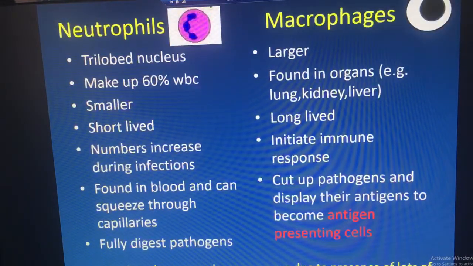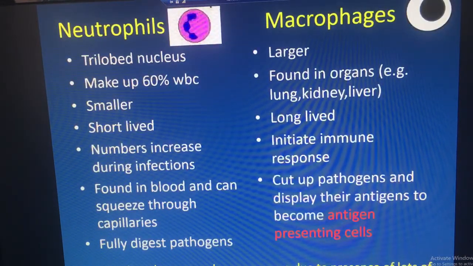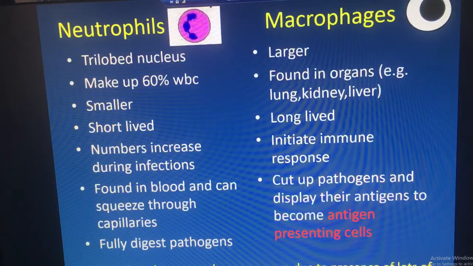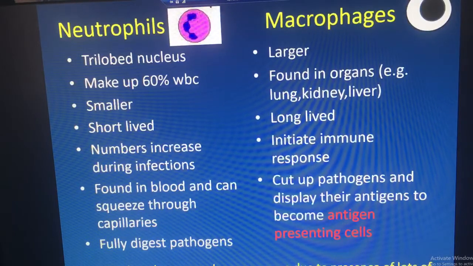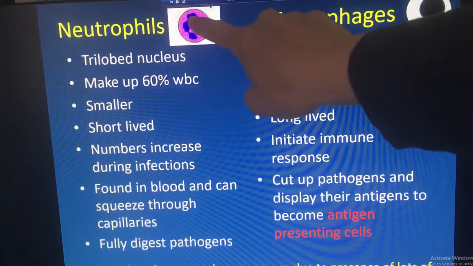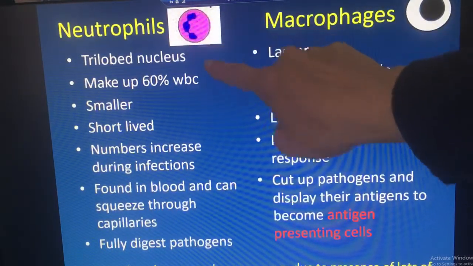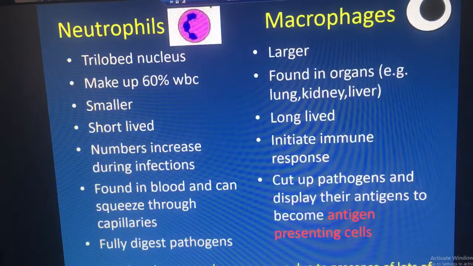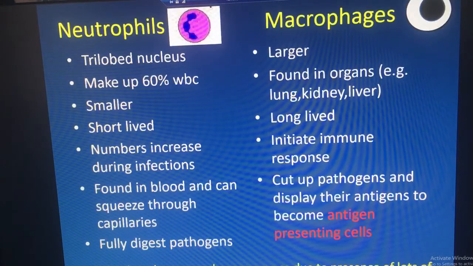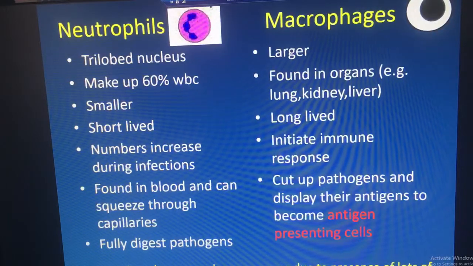And if we were to compare the two different types of phagocytes, the neutrophil family are very easy to identify under a microscope because you can see here their nucleus has a very strange shape. It's described as being a trilobed or multilobed nucleus. So it doesn't just appear as a single blob in the middle of the cell like we're used to seeing.